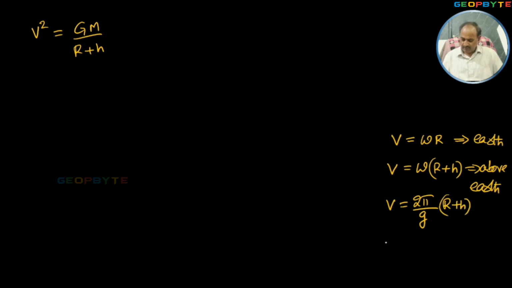Okay, but we want v square, v square equal to 4 pi square by g square into r plus h whole square.